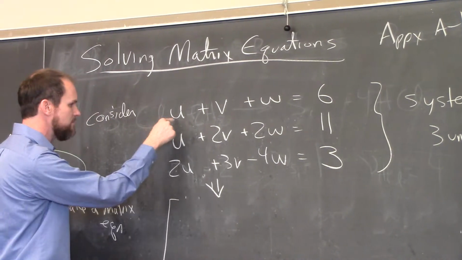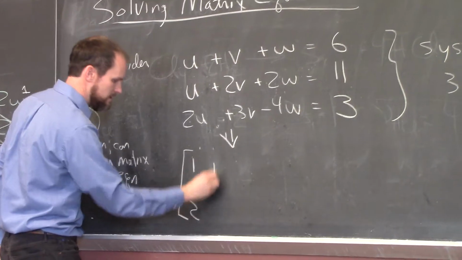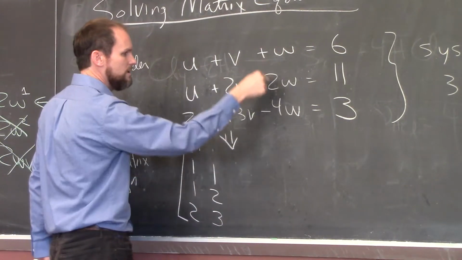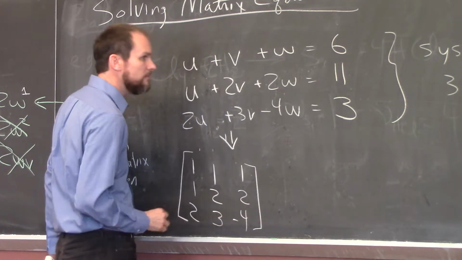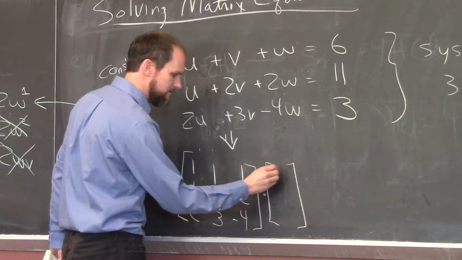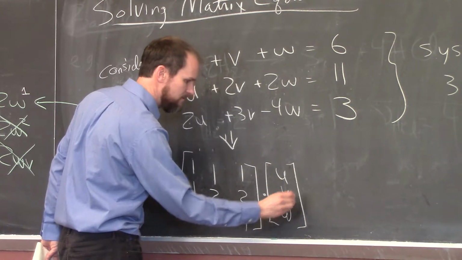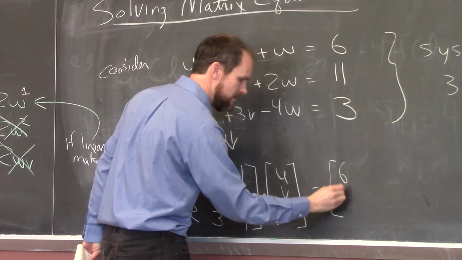I can copy these numbers, coefficients 1, 1, 1, 1, 2, 2, 2, 3, minus 4. I can multiply, or dot product, that against the vector of variables, u, v, w, and that will equal a column vector 6, 11, 3.